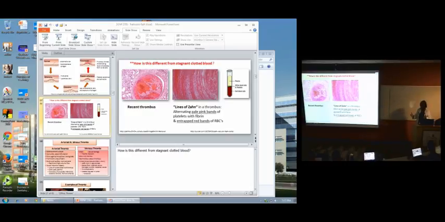You don't see that in a post-mortem clot. You don't see that when you take out blood, if we were to take a sample of blood and leave it to stand in a container. So how is it different from stagnant clotted blood? Like I explained before, this is similar to when I talked about the red currant jelly and the chicken fat.